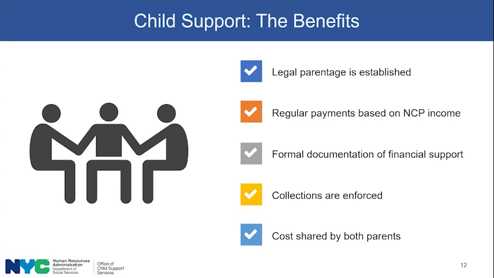Next, formalized arrangements provide regular payments based on NCP income. Also, formal, documented accounting of the financial support NCPs provide. That's also an important benefit of child support. Next, collections are administratively enforced, allowing parents to focus on the child. And lastly, the cost for raising a child when there's a child support order is shared by both parents. Next slide, please.